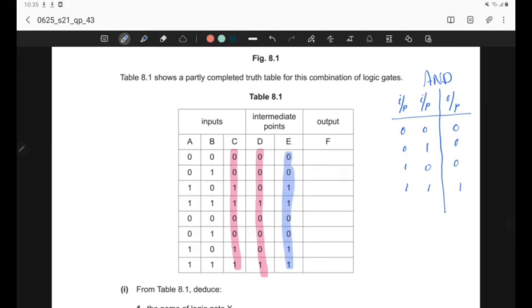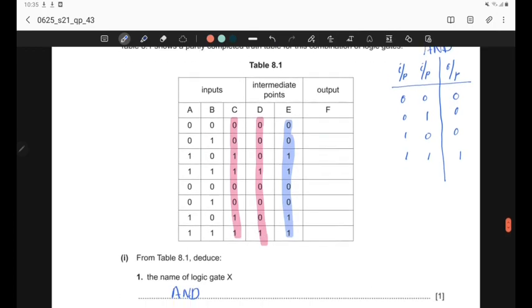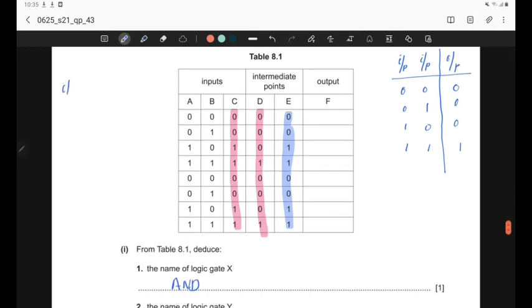That means for Y we have 2 inputs and 1 output, where when the input values are 0, 0, this combination we can see output is 0. Likewise, when the input combination is 1, 0, the output is 1. When the input combination is 1, 1, again the output is 1.